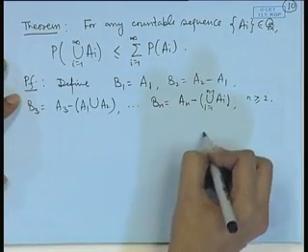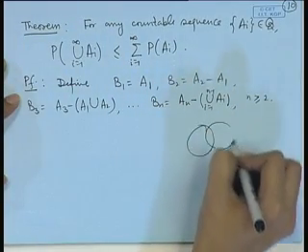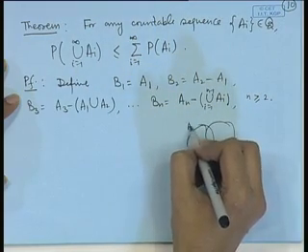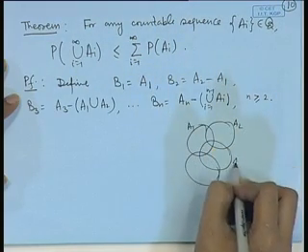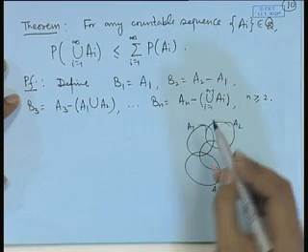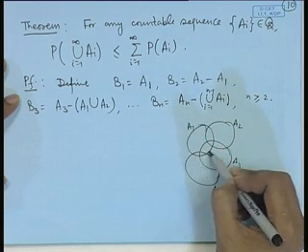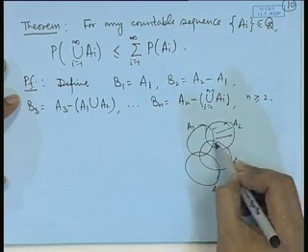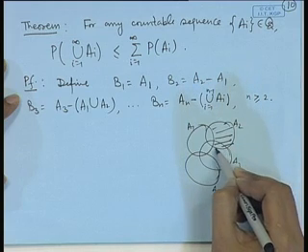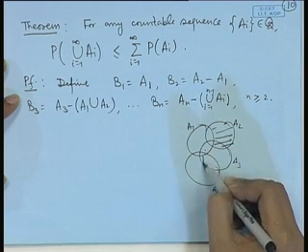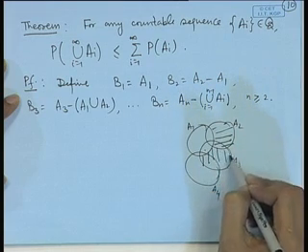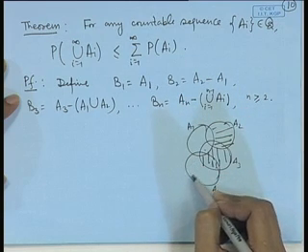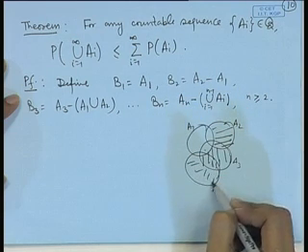If we consider a Venn diagram, then it will be clear what sets we are defining. Suppose these sets are A1, A2, A3, A4, etc. Then A1, and then A2 minus A1 is this set, then A3 minus A1 union A2 becomes this set, A4 minus A1 union A2 union A3 becomes this set.